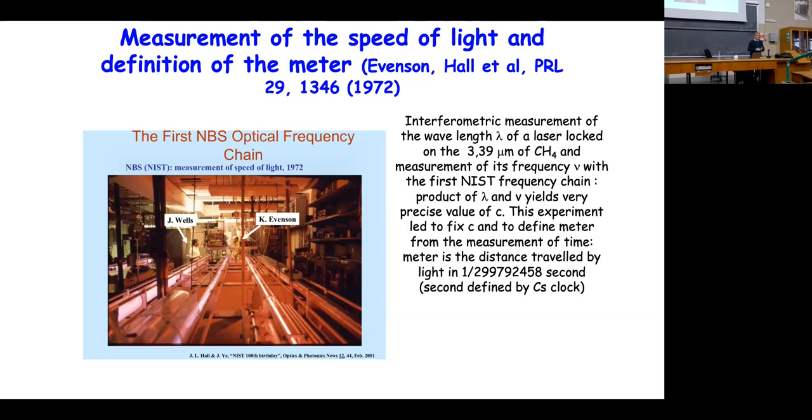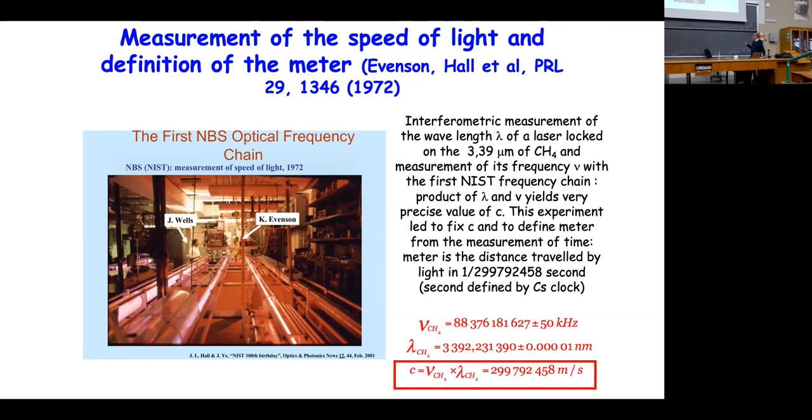So they get lambda. Then they measured nu using this chain of lasers, and they made the product of nu with lambda, and they get for the velocity of light this figure, 299,792,458.8 meters per second, 9 digits.